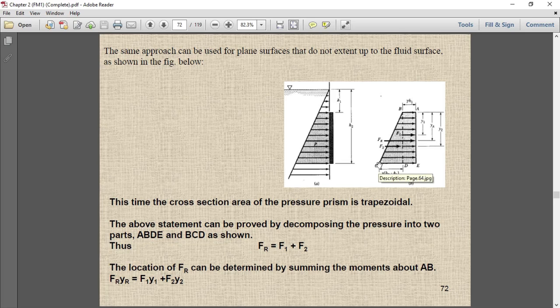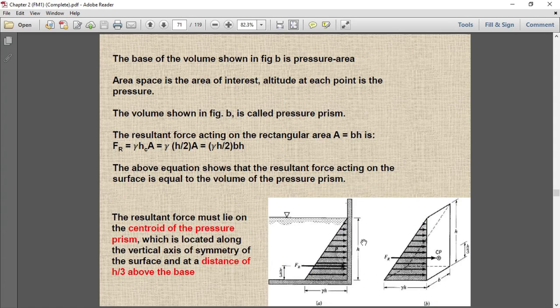In the previous slide we calculated, when the pressure is varying, the resultant force acts at h by 3 of the height from the bottom, or 2 by 3 from the top, from the object, not from the free surface.